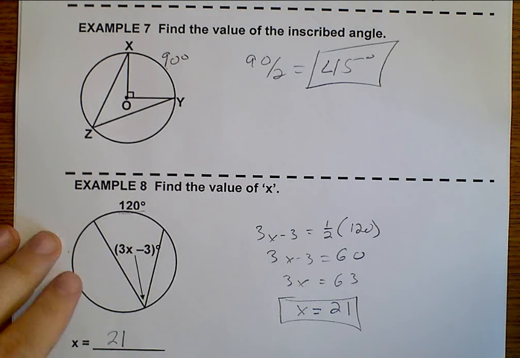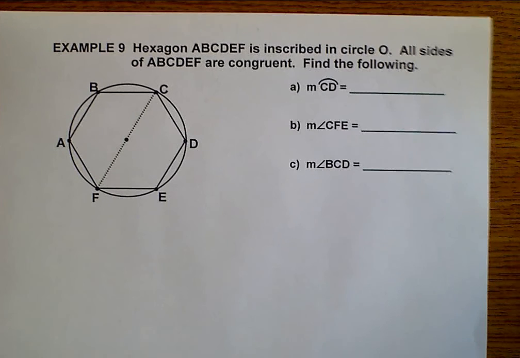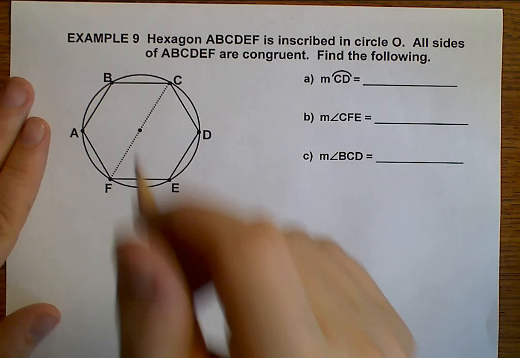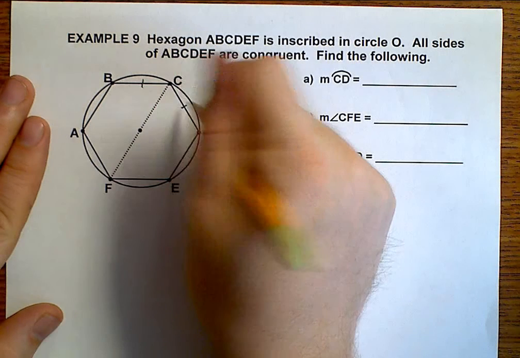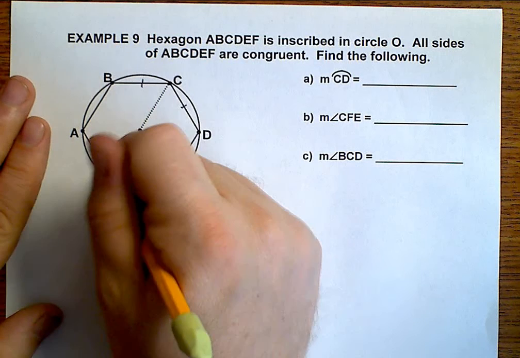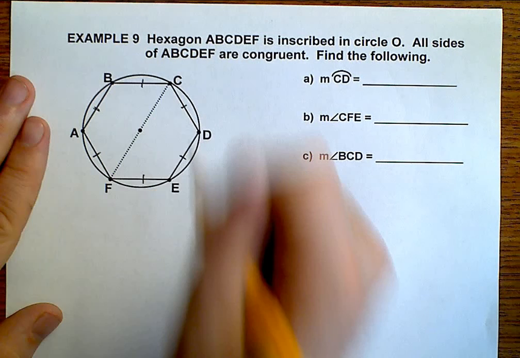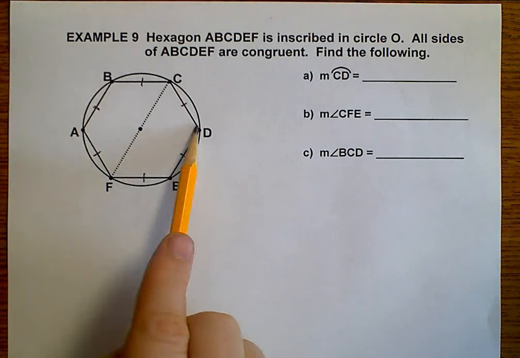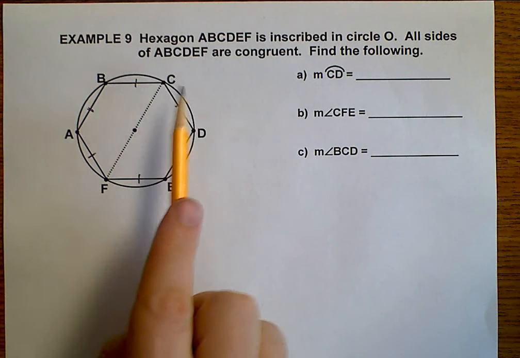Moving on to example number 9. Last example. Here we have a hexagon inscribed inside a circle. All the sides are congruent. Now, if the sides are congruent, that means that this chord is congruent to that chord. So this arc is congruent to that arc.